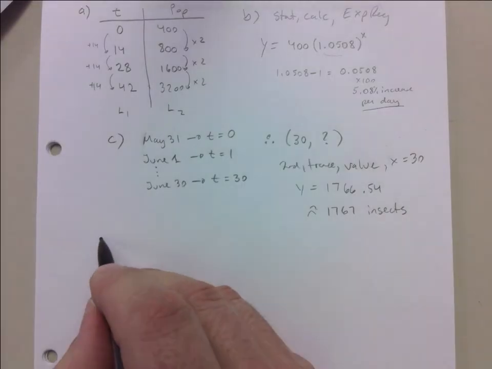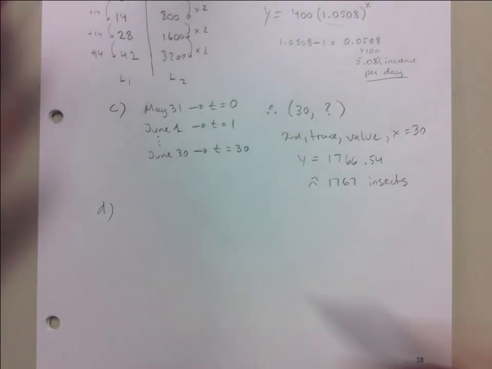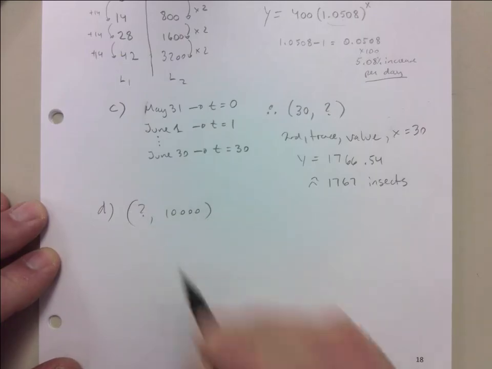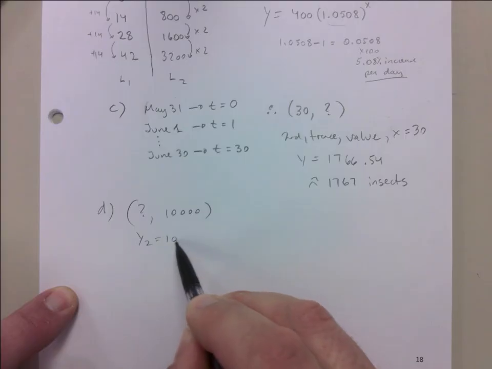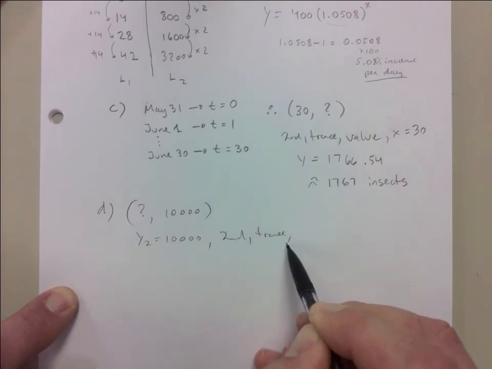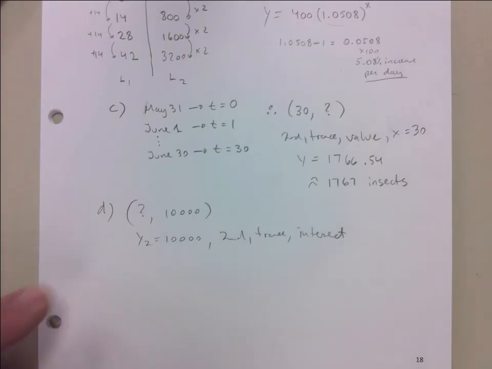D, how long will it take for the population to reach 10,000? So it's basically how long to get to 10,000. That means that we need to let y2 equal to 10,000. Second, trace, intersect. And I'm giving you a warning already.